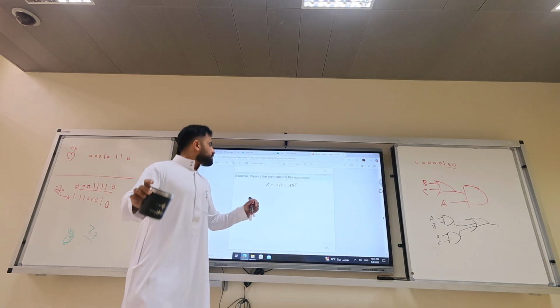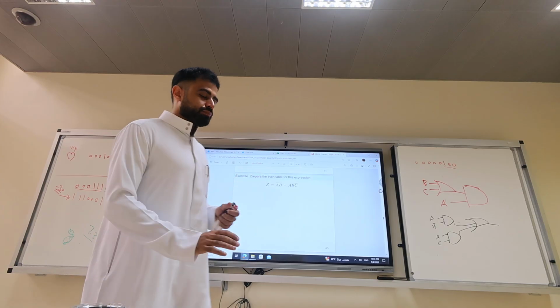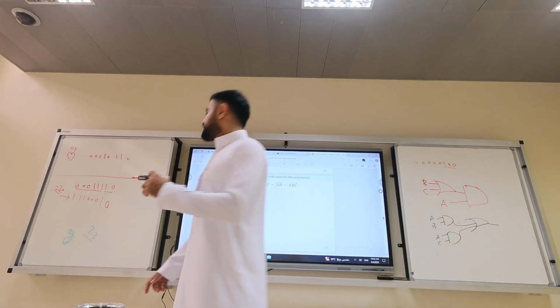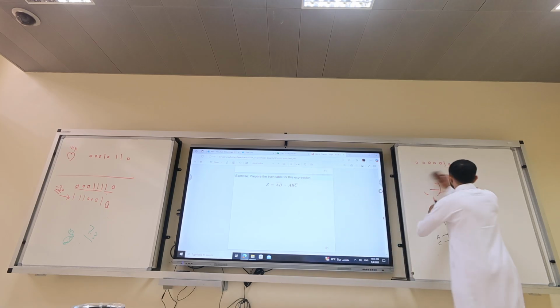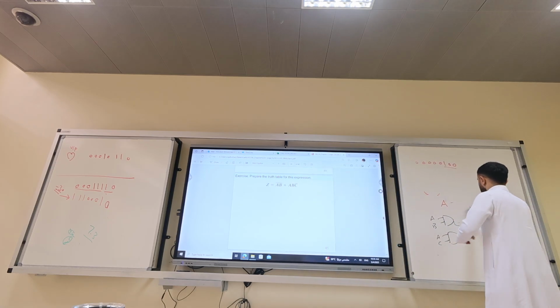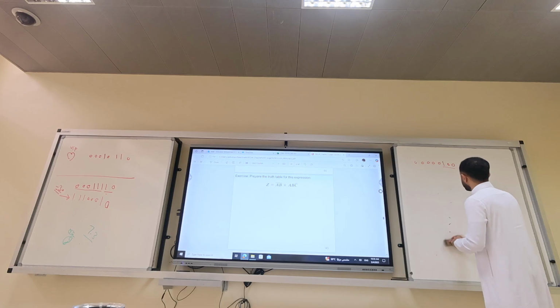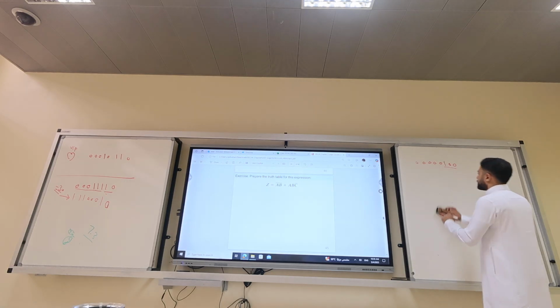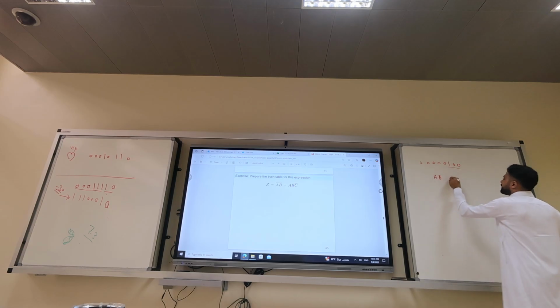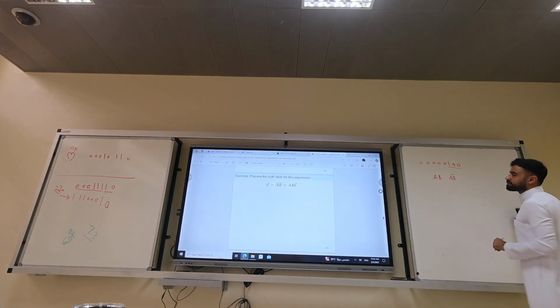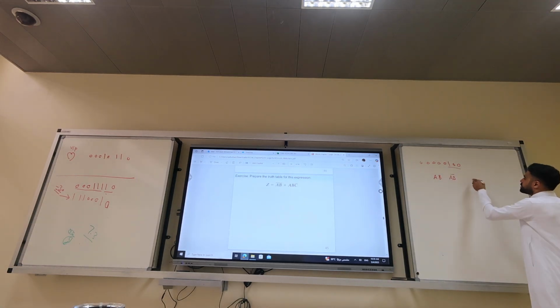You know how many variables you need? A, B, and C. But I'm going to tell you what columns you need to make, then you do it yourself. So what are the intermediate columns? You need to do AB and then AB prime, and then you need to do A, B, C prime.